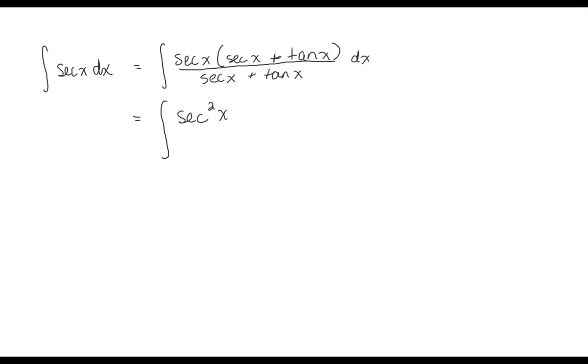Derivative of what is secant squared x? Plus secant x times tangent x. Yes, plain tangent x, Merrick, no minus sign. Derivative of tangent x is secant squared x.